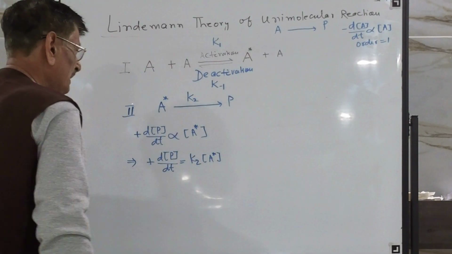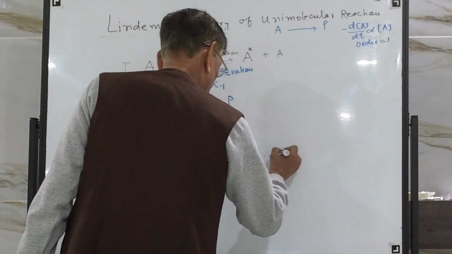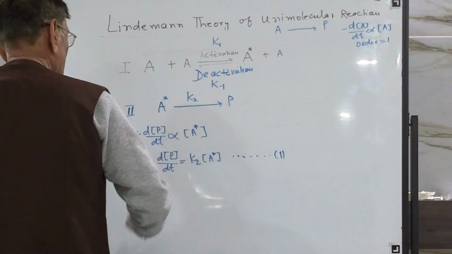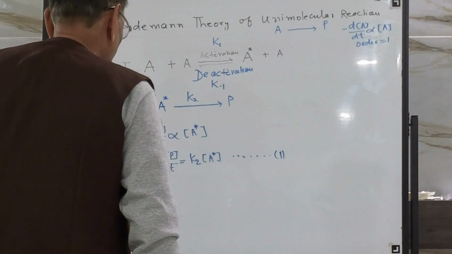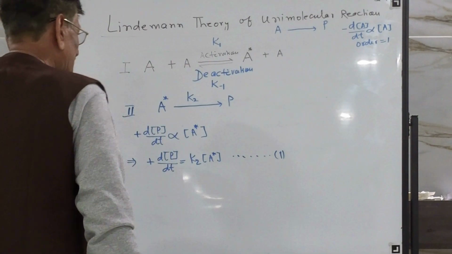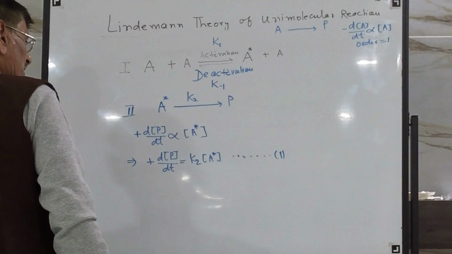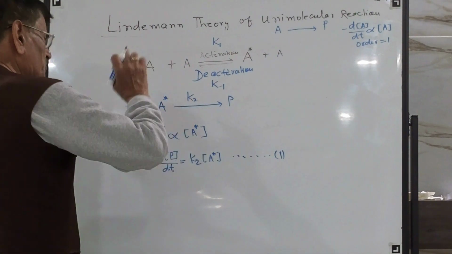This is equation number 1. Note that K2 is the rate constant of the decomposition of A star into product. Now the concentration of A star has to be evaluated, and this can be done in this way.